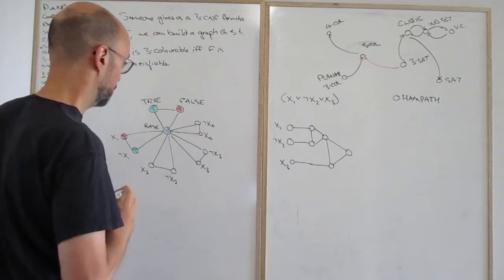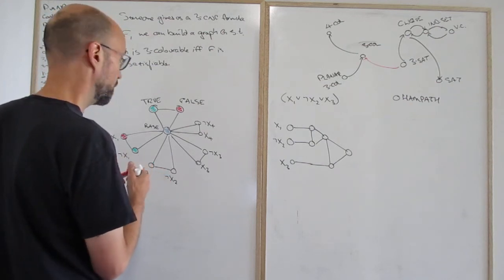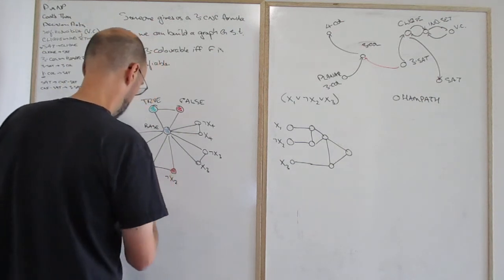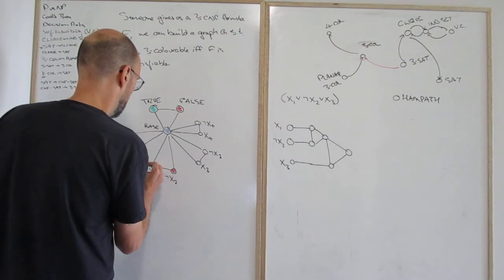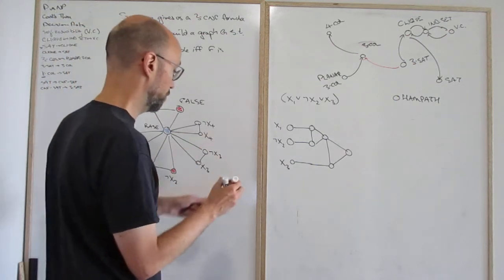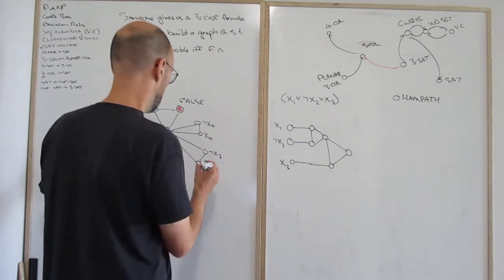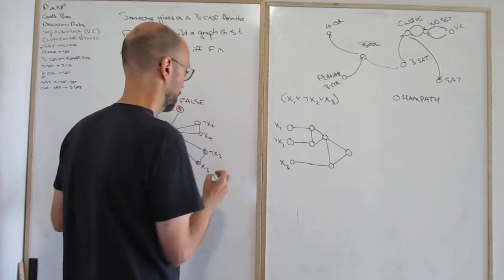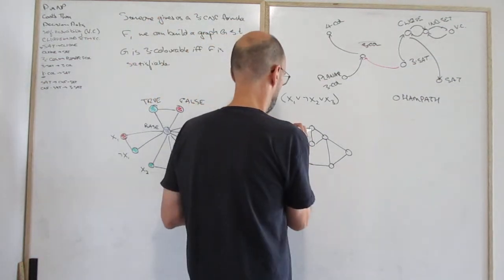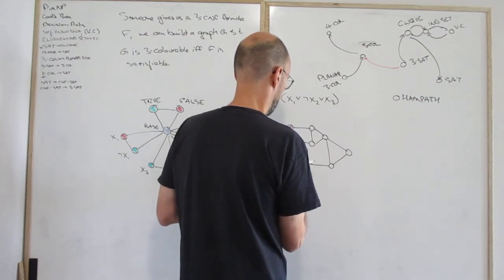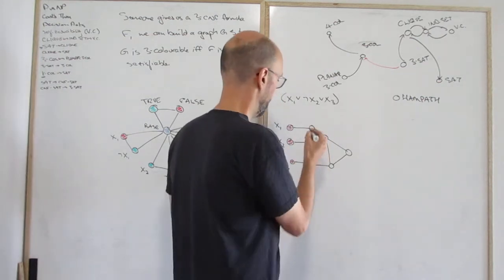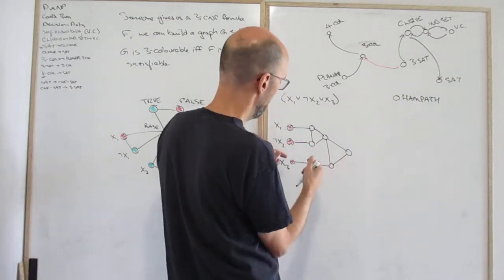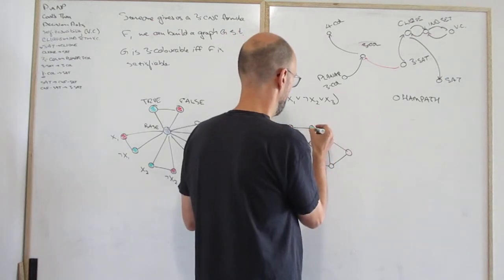So now not x2 is false, and x3 is false. So if all of these are false, then one of these has to be true and one of these has to be base. It doesn't really matter which one is true and which one is base.